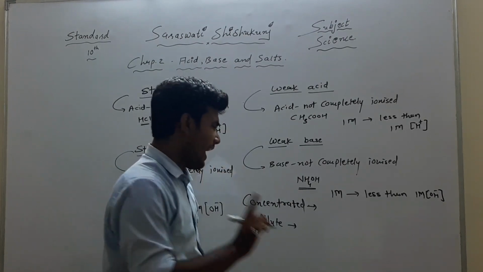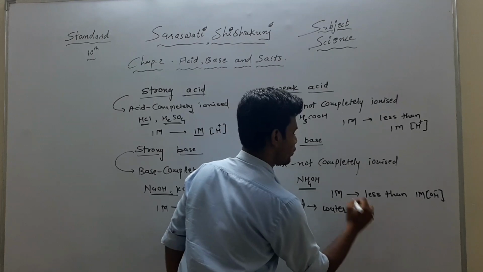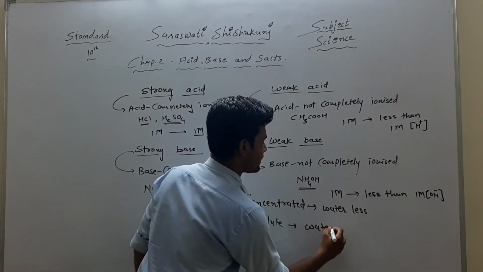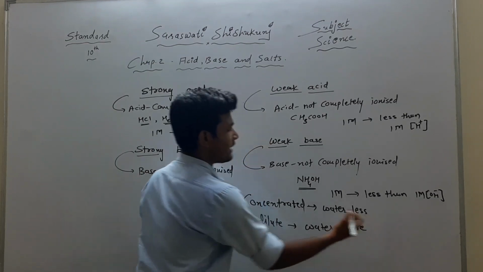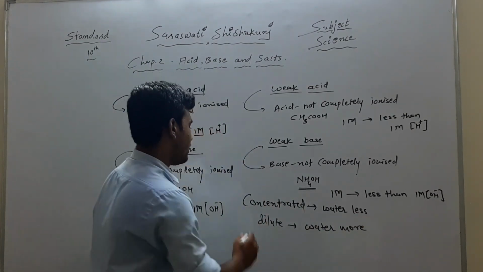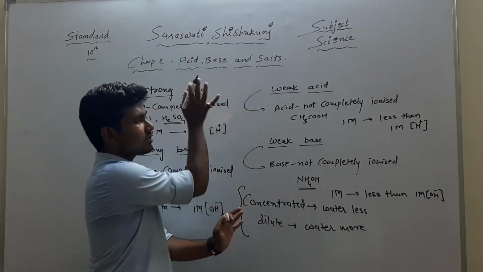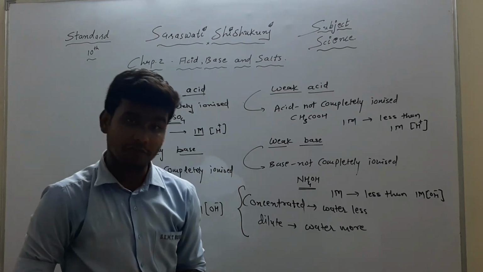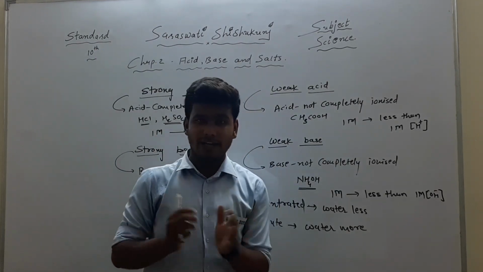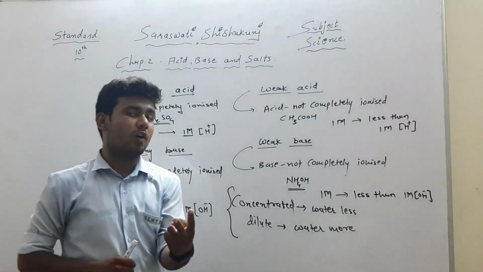If in any acid water is in less portion, it is called concentrated, and if the water is in more portion, that is called dilute. So it's very necessary to understand that concentrated and dilute are different from strong and weak. Strong and weak depend on ionization, while concentrated and dilute depend on the amount of water.